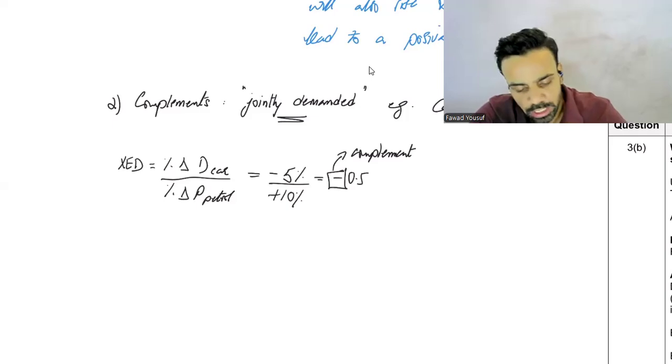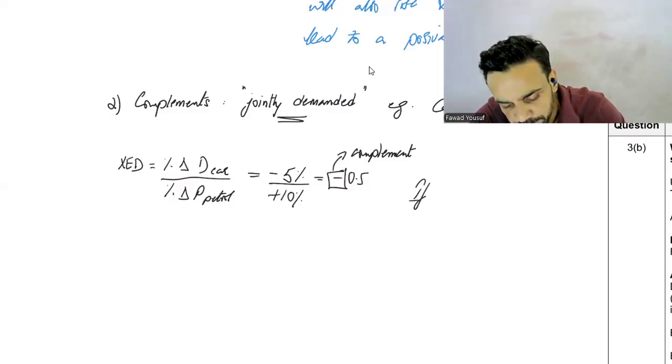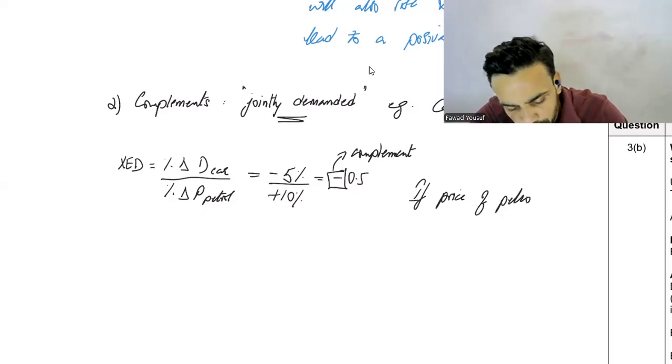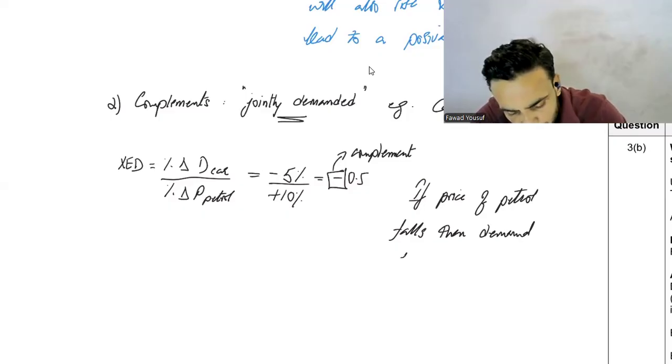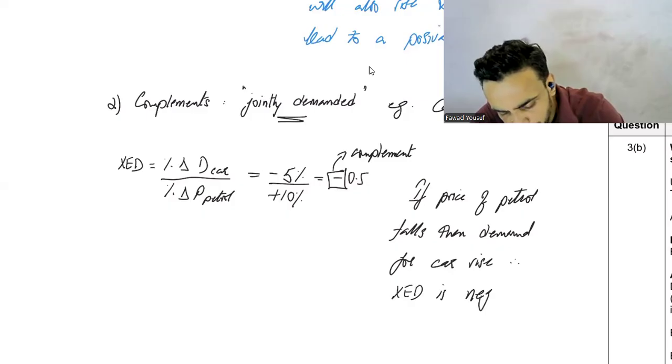So I should get 1 mark for this, and I will do the write-up and the explanation, like if the price of petrol falls, then demand for cars rises, therefore XED is negative.